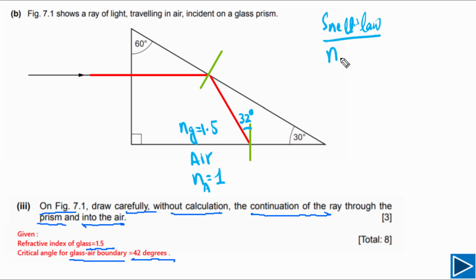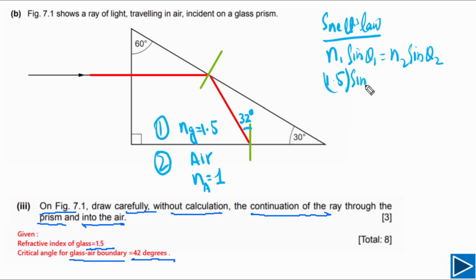According to Snell's law, n1 sine theta 1 has to be equal to n2 sine theta 2. In this case, this is our medium 1 and this is our second medium. For medium 1, the value of n is equal to 1.5, and the angle in medium 1 is equal to 32 degrees. In the second medium, the refractive index of air is equal to 1, and this angle we need to find, sine theta 2.